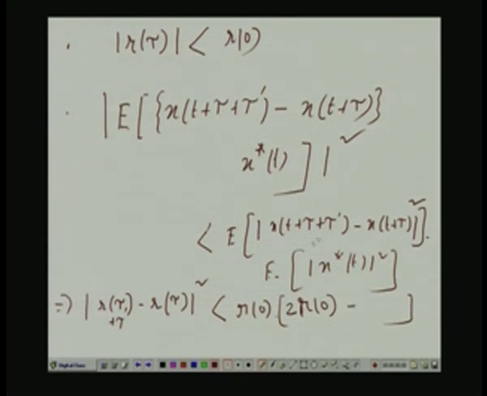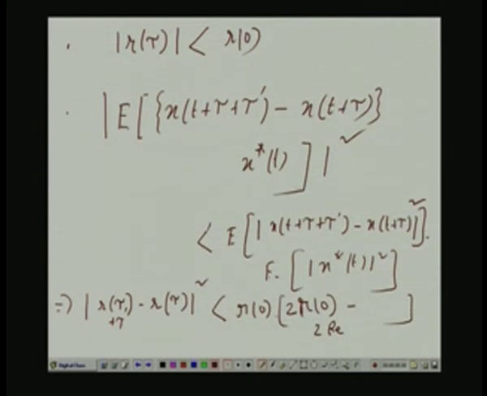One of them will give x of t plus tau prime into x conjugate of t plus tau, which gives autocorrelation at a lag tau prime. The other cross term will give autocorrelation at a lag again tau prime, but conjugate of that. Okay. So, that means you will get twice, this you can verify, the real part. Remember, z plus z star is twice the real part of z.